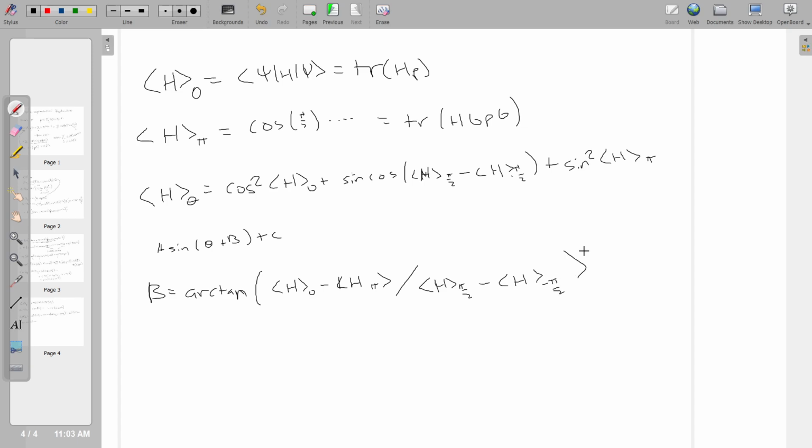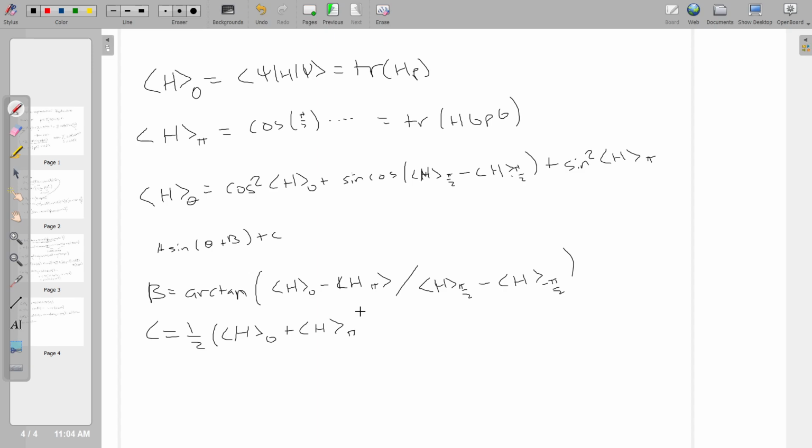So the reason I'm only showing b is because if we look at this, we can see, oh, and also c, I should specify. A doesn't really matter for reasons that I'll explain in a second. A is just h 0 plus h pi.